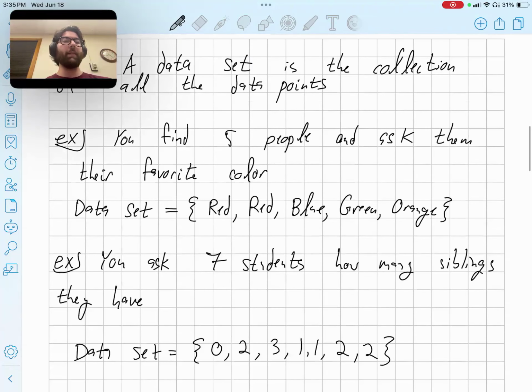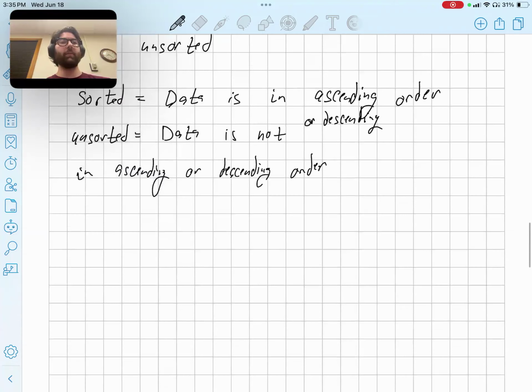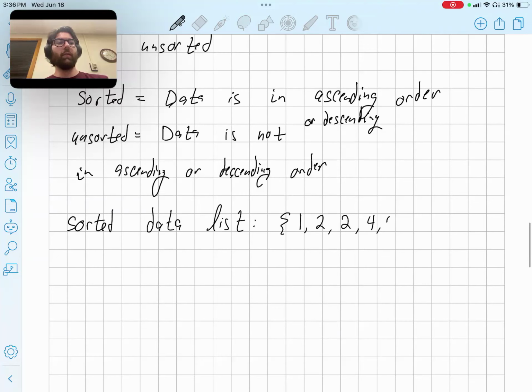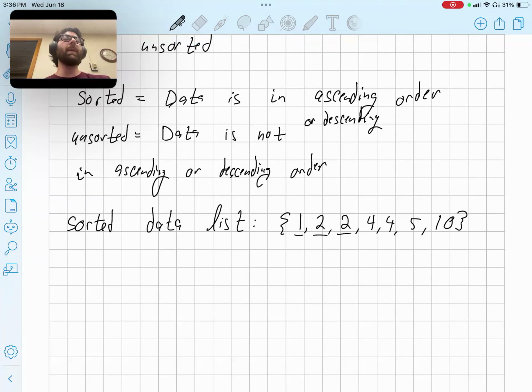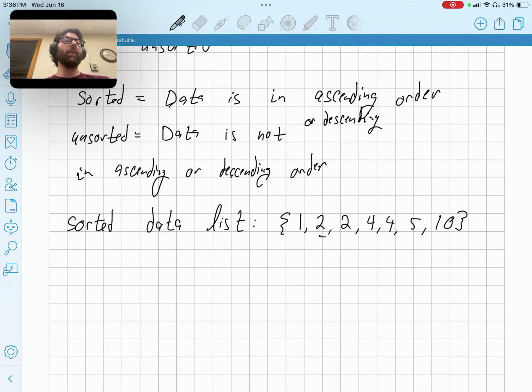An example of a sorted data list is 1, 2, 2, 4, 4, 5, 10. So you can have the same number, that's fine. You have to either always be increasing or always be decreasing, but duplicates are allowed.